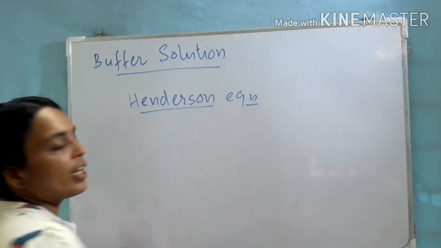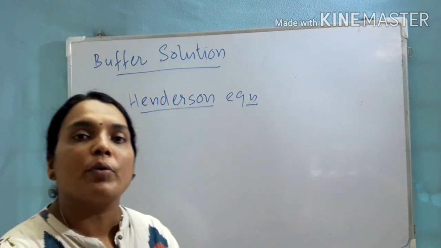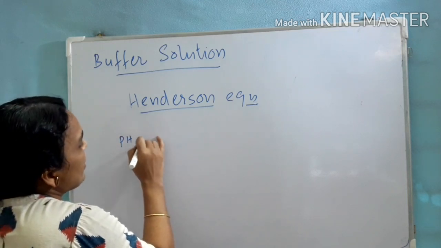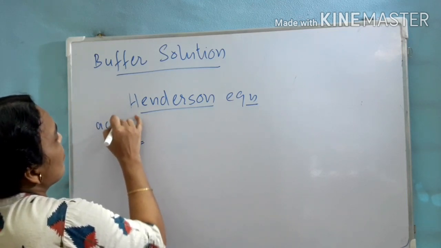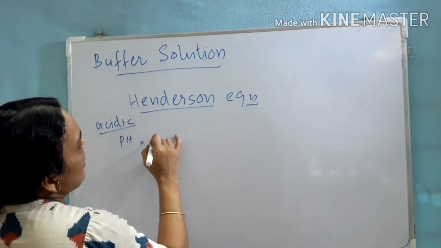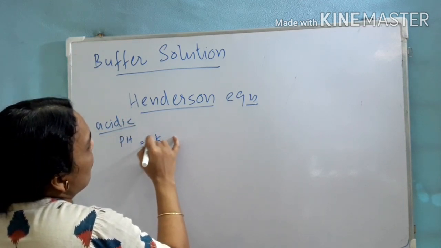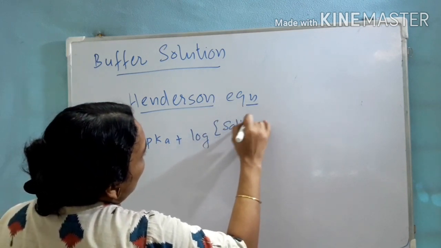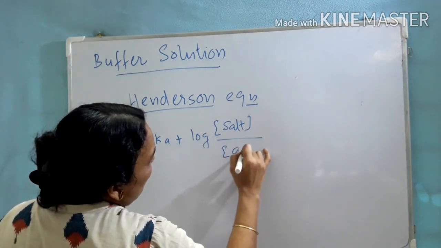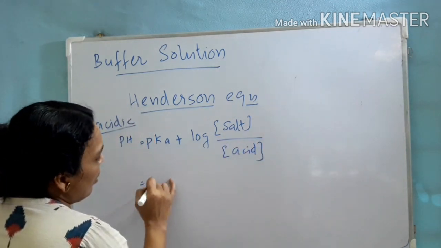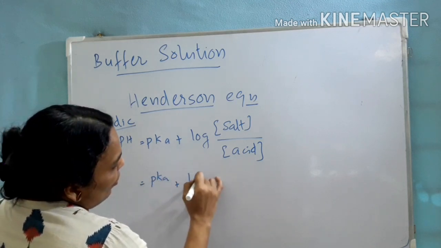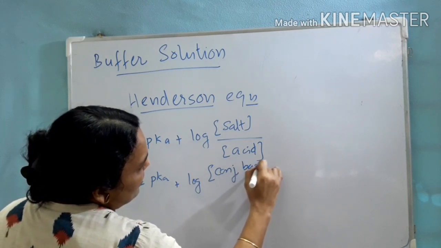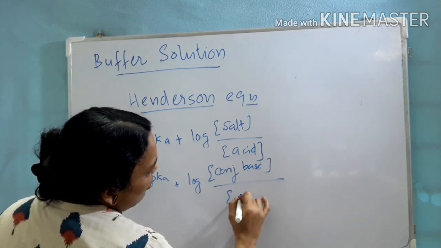The pH of a buffer solution can be calculated by using an equation called the Henderson equation. For an acidic buffer, pH is equal to pKa plus log molar concentration of salt by molar concentration of acid, or pKa plus log molar concentration of conjugate base by molar concentration of acid.